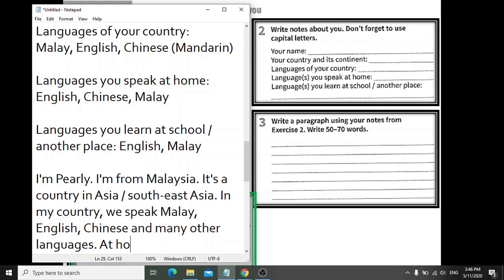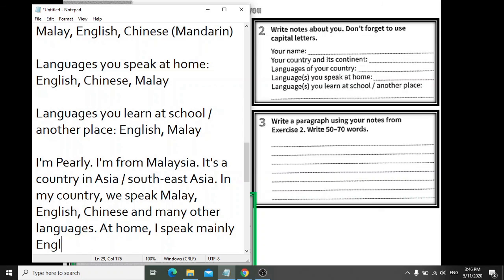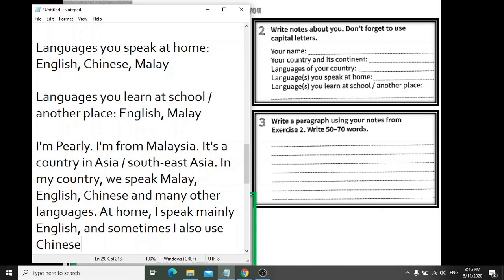So let's say here at home, I speak mainly English. Okay, so at home I speak mainly English and sometimes I also use Chinese or Malay.